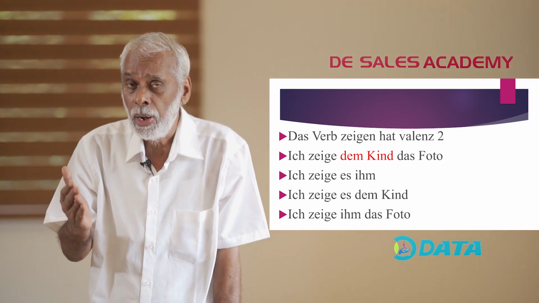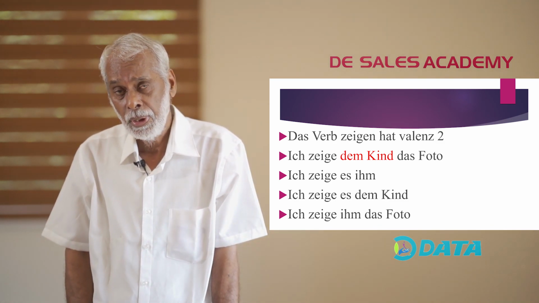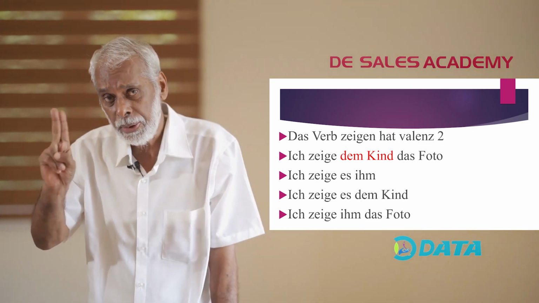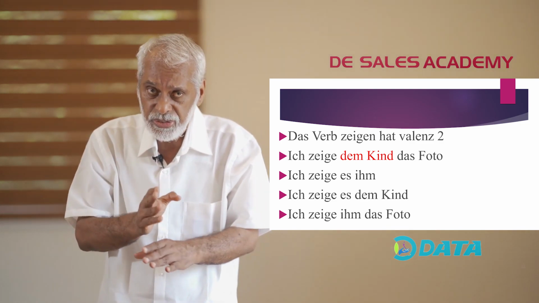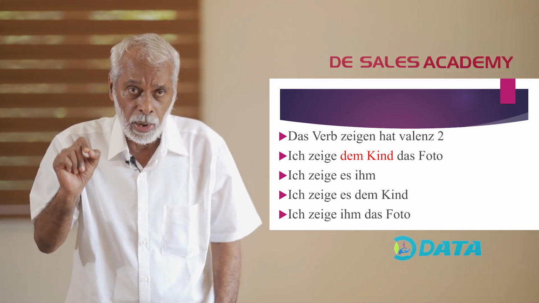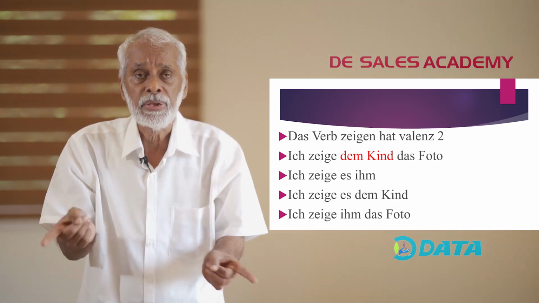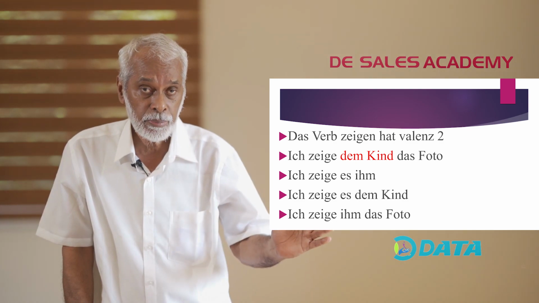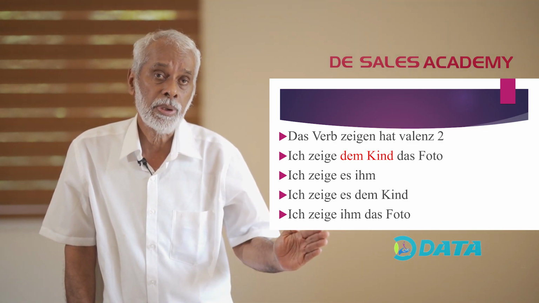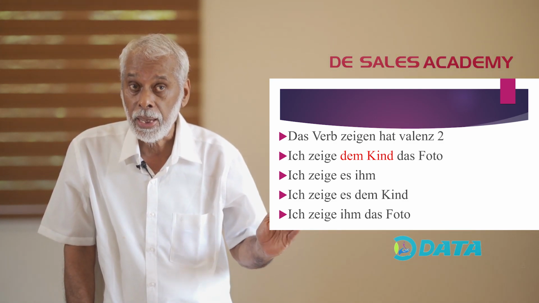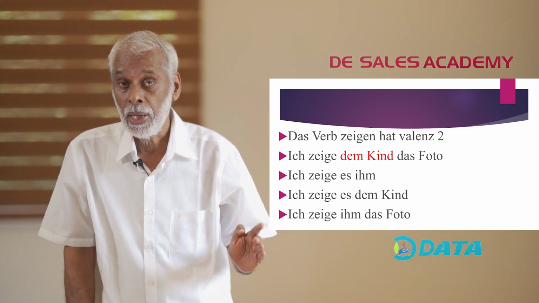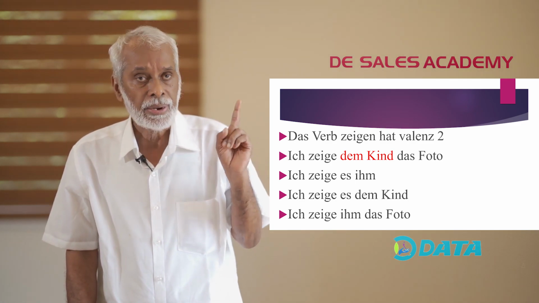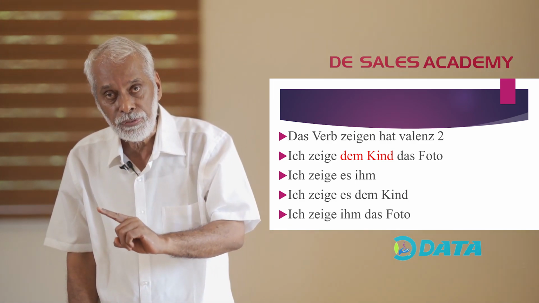But here also you have to be very careful. If the two nouns, that means the dative noun and the accusative noun, are replaced by pronouns, then the places will be interchanged. You cannot say ich zeige ihm es, it has to be ich zeige es ihm. At first the accusative pronoun and then the dative pronoun.